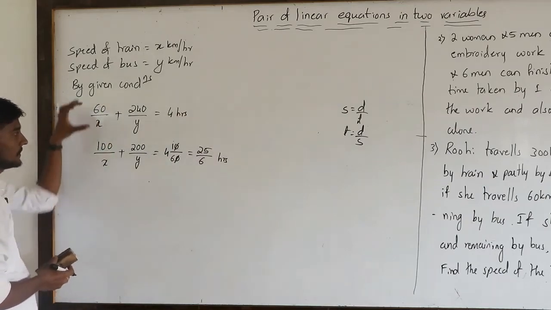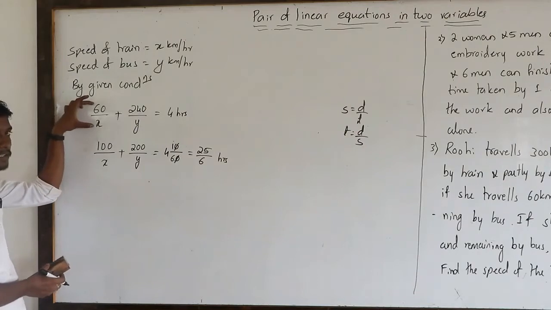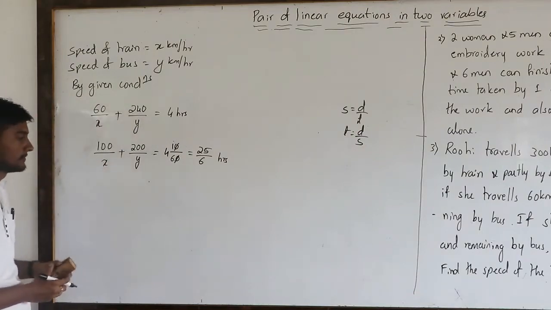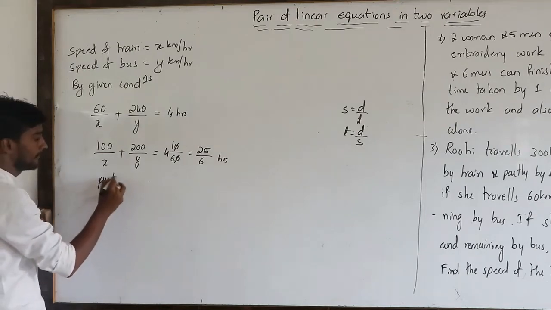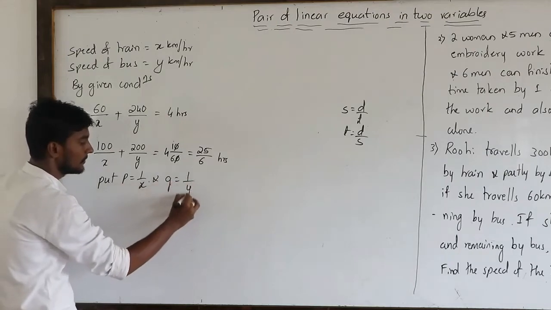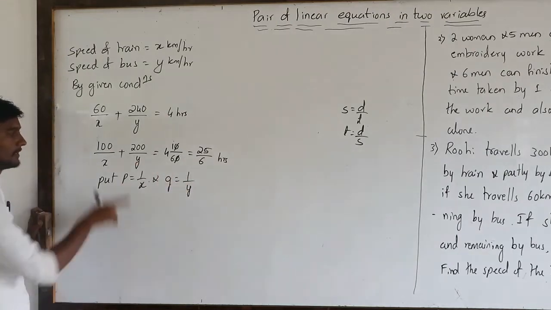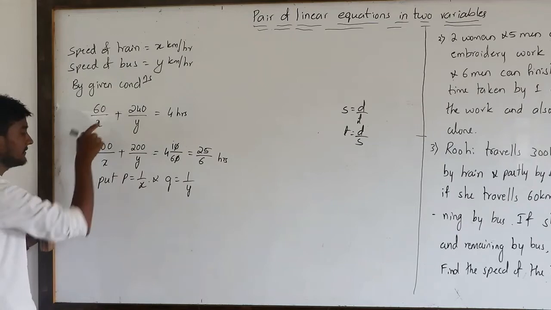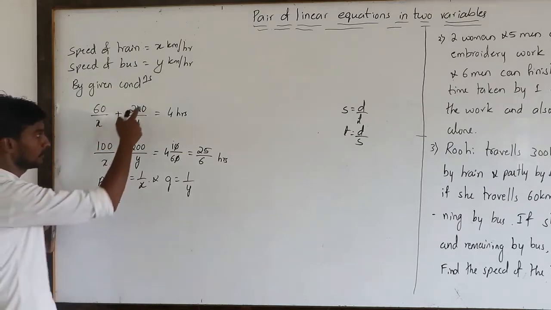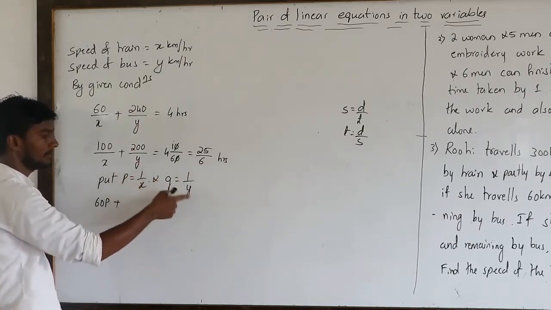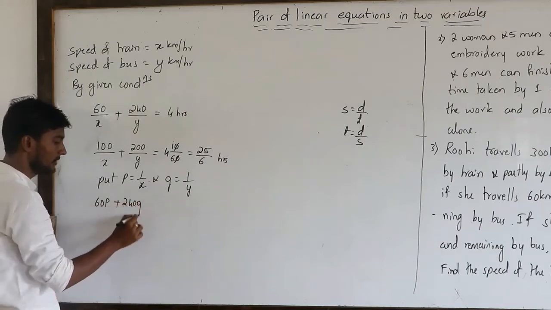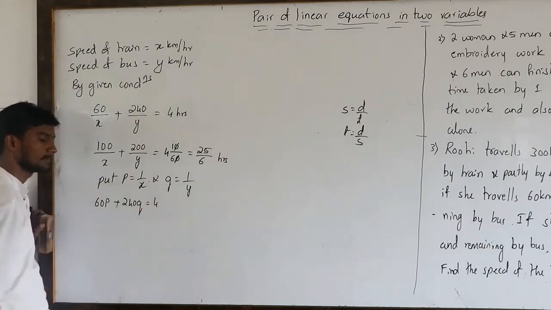So observe both the equations here. You have to reduce these equations and then get the values of P and Q. So put P is equal to 1 divided by x and Q is equal to 1 divided by y. If you put P is equal to 1 by x, 60 divided by x becomes 60P. 1 divided by y is Q, so 240 divided by y becomes 240Q is equal to 4.